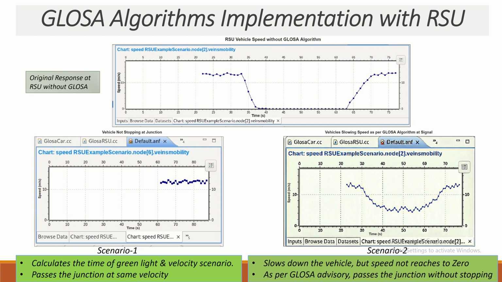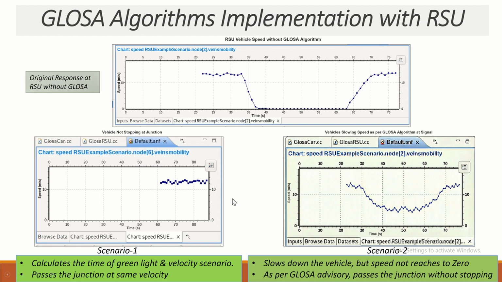Without GLOSA, the car would drive to the line and stop completely. With GLOSA, you can see in the chart, the vehicle receives the advisory, maintains its constant speed, and passes the signal without a stoppage or slowing down. It maintains the speed and timing of its arrival for the green phase.